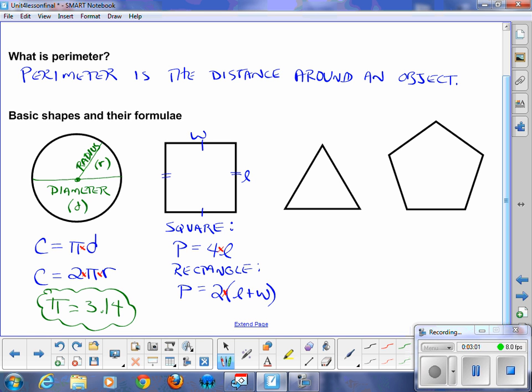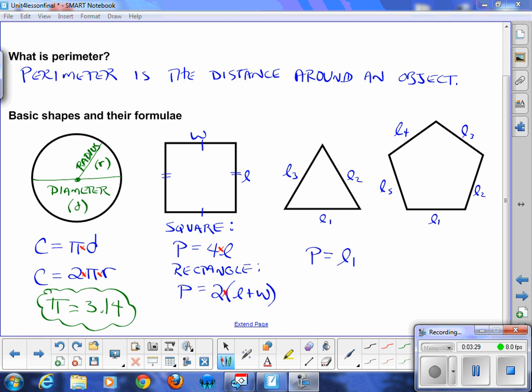The remaining shapes, I'm just going to do in general because it applies to them here. If they're all different lengths, there's no real formula to deal with these different shapes, not easily, I guess you'd say. If they're all the same length, you can group them together. But for argument's sake, worst case scenario, perimeter is simply length 1 plus length 2 plus length 3, plus however many lengths exist here.